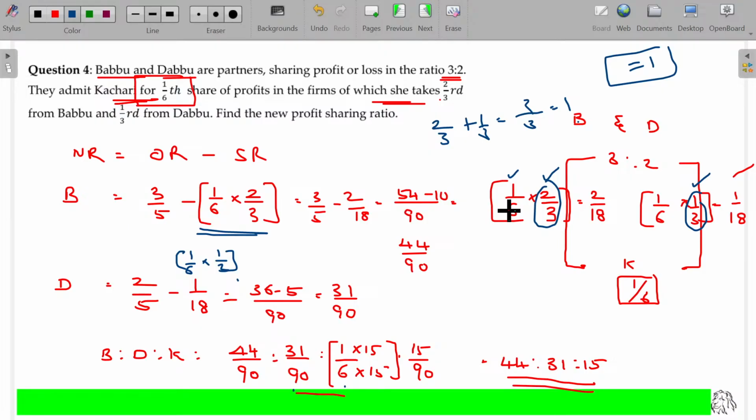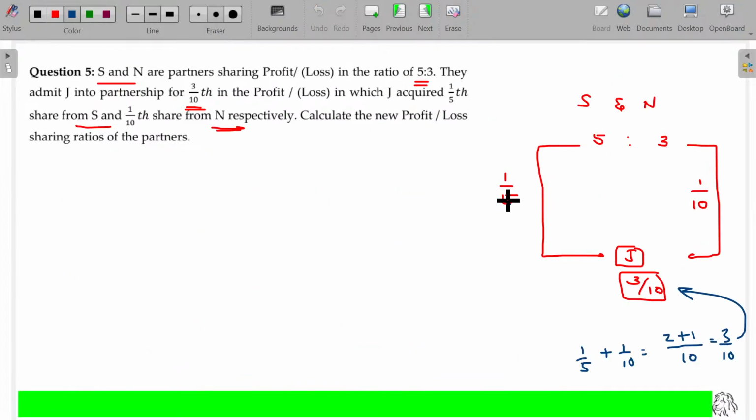If the information given that he gets from other partners in the ratio of 2/3 or 1/3, if you sum up those values, if it is equal to 1, the sacrificing ratio is the new partner's new ratio multiplied with the given ratios. In this case, this 1/5 and 1/10 itself is the sacrificing ratio.